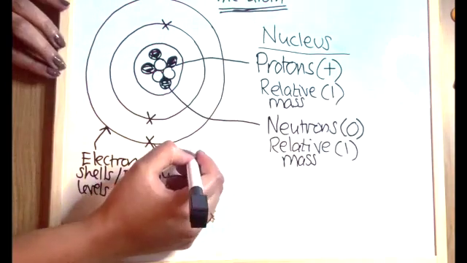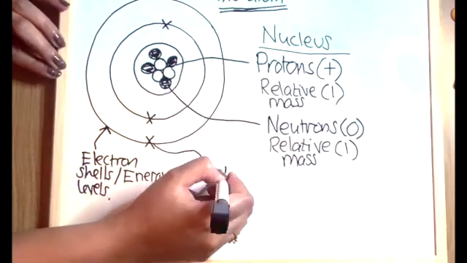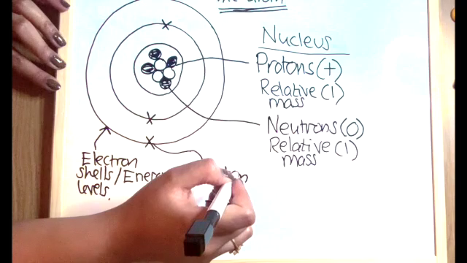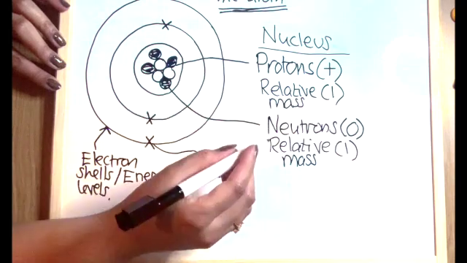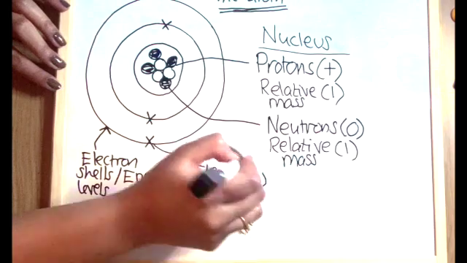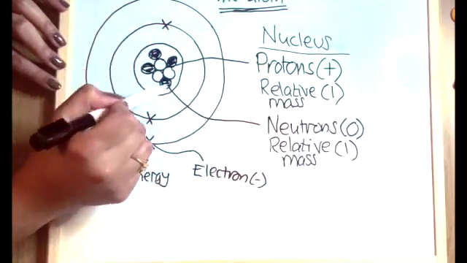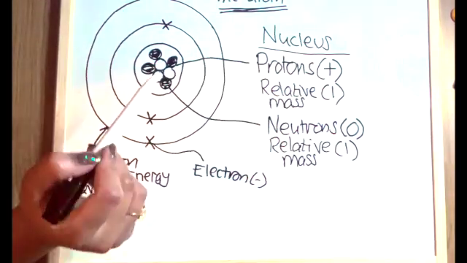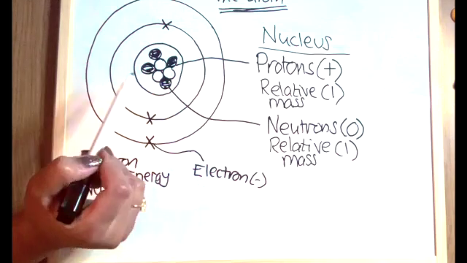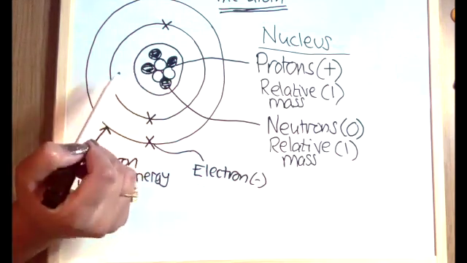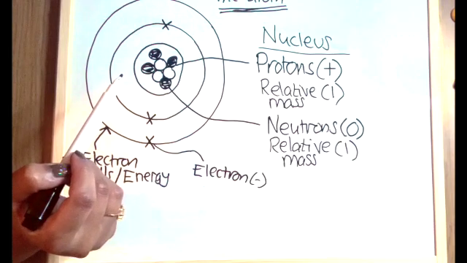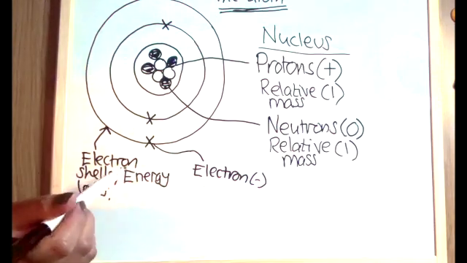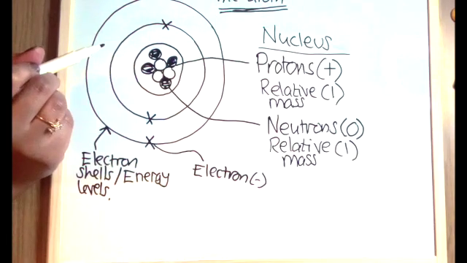Because we have the positive subatomic particles in the nucleus, and we have the neutrons which don't have a charge, overall the nucleus has a positive charge, because that positive charge gets spread all around the nucleus. So overall the nucleus is positive because it has the positive protons in there, and then the electrons are orbiting in these energy levels, energy shells around the nucleus.